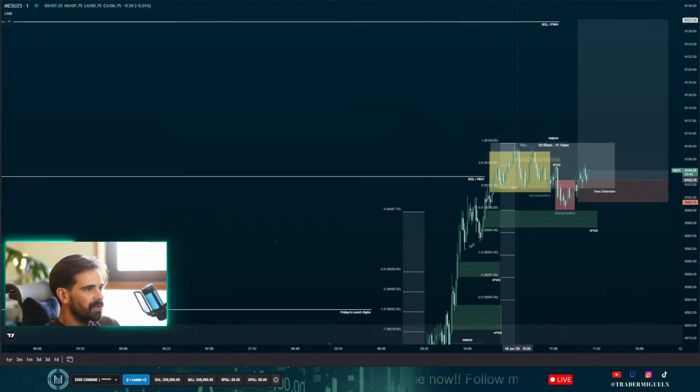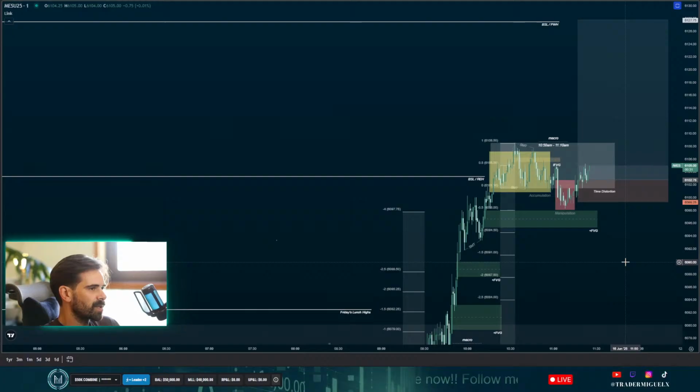And if you look into ES and NQ, yeah, they had some type of an SMT on these lows right here. So yeah, it can be a continuation. I will not engage with that because, as I told you before, I will not chase price when we are in a premium like this.